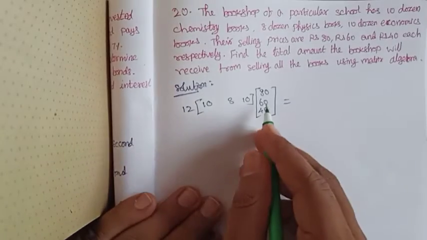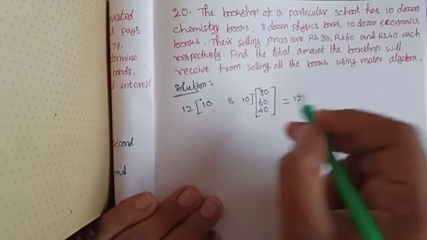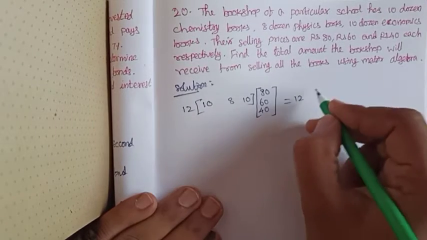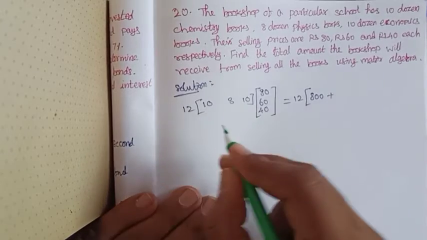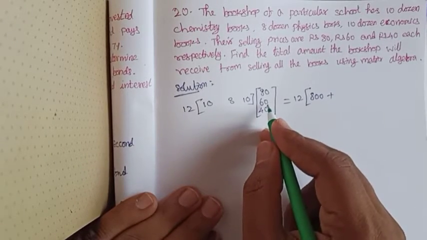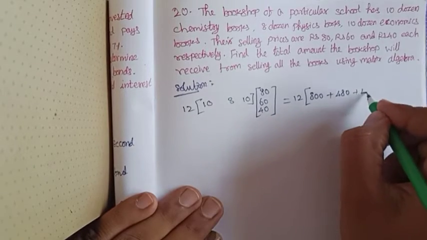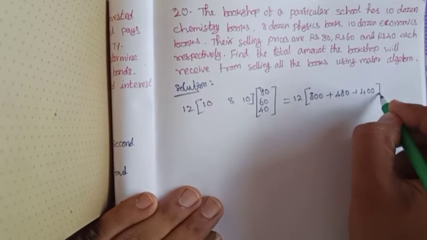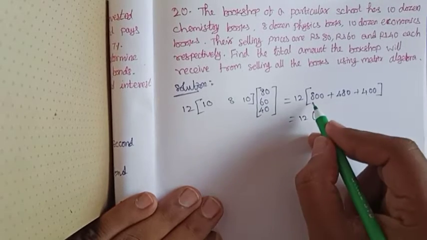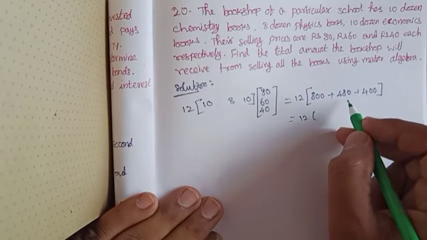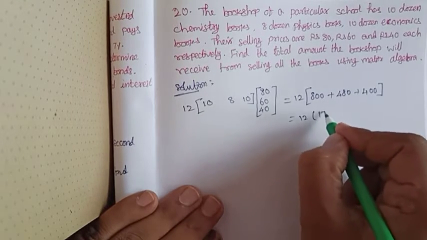Now multiply these two matrices: 12 times, we multiply 10 into 80, so we get 800, plus 8 into 60, which is 480, plus 10 into 40, we get 400. The sum of the values, 800 plus 480 plus 400, we get 1680.